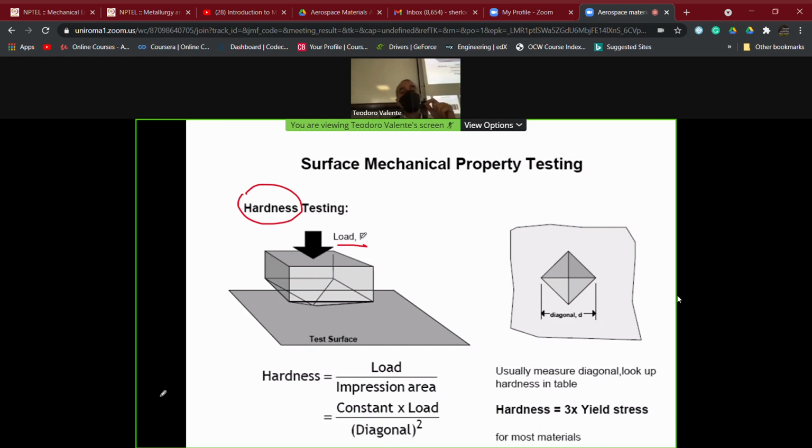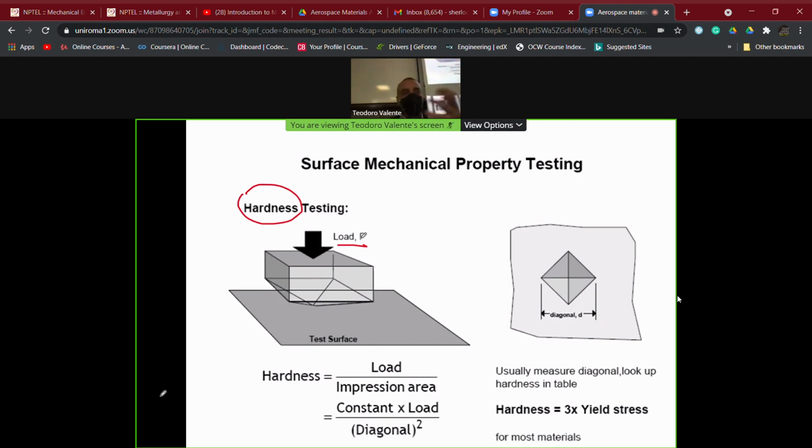And after having experienced a plastic deformation on the surface, we are going to characterize it with different formulas depending on the hardness testing which is used, because it can be Vickers, Rockwell, Knoop, or Shore hardness.